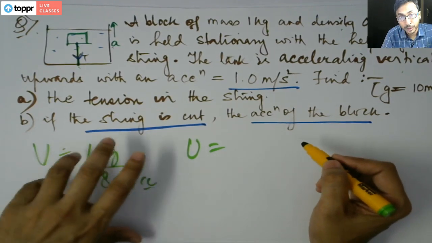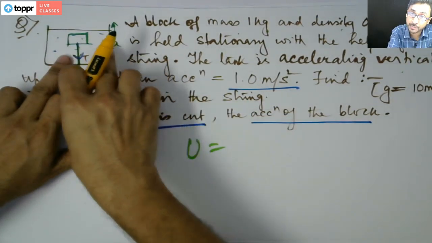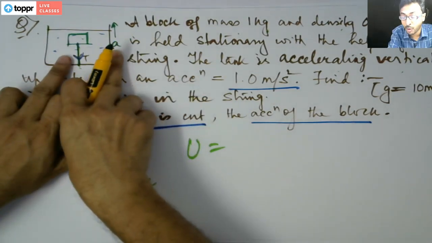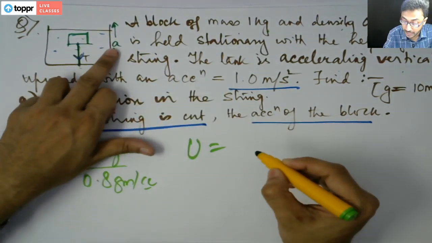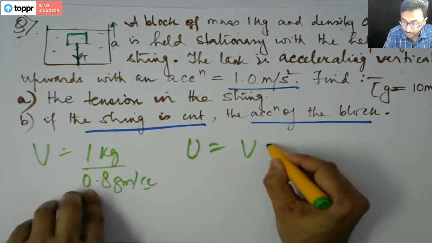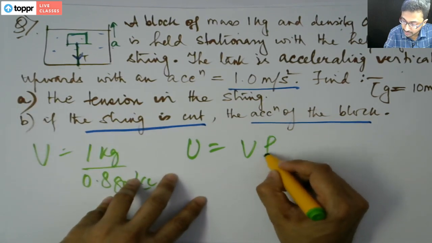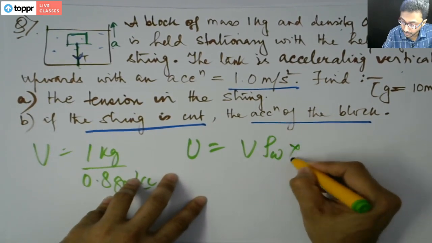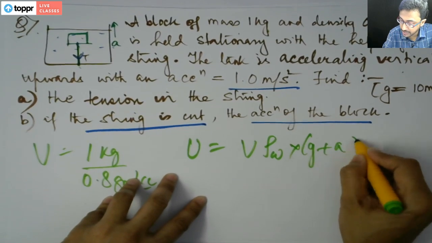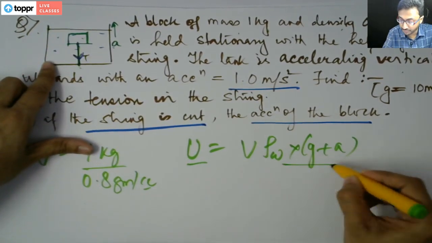I have told you that it will be the weight of the liquid displaced. The g is now modified with the acceleration A. So upthrust will be this volume you have found, times the density of water, rho W, into G plus A, as it is moving in the upward direction. So upthrust you have found.